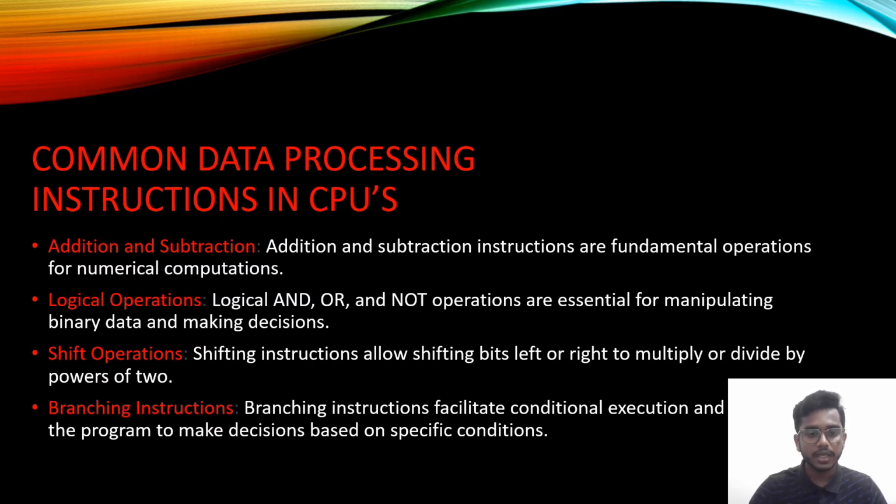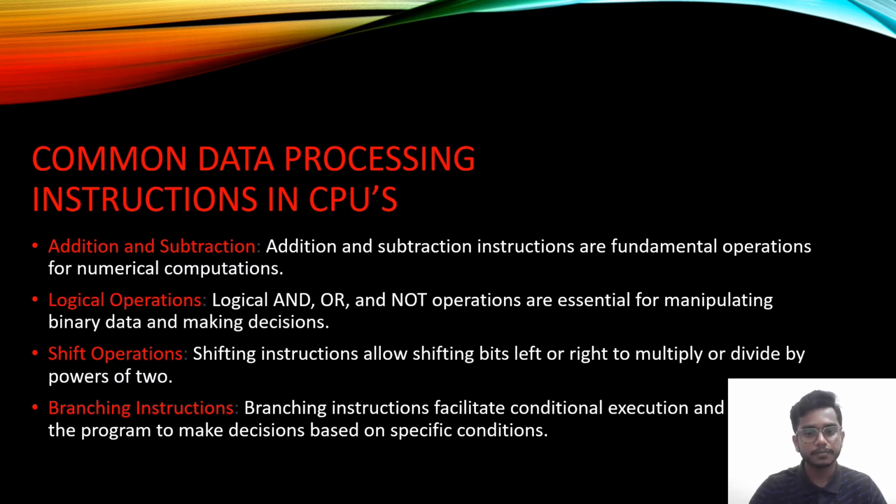Logical operations are logical AND, OR, and NOT operations that are essentially used for manipulating binary data and making decisions. Shift instructions allow shifting bits left or right to multiply or divide by powers of 2. And coming to the branching instructions, these facilitate conditional execution of the program to make decisions based on specified conditions.